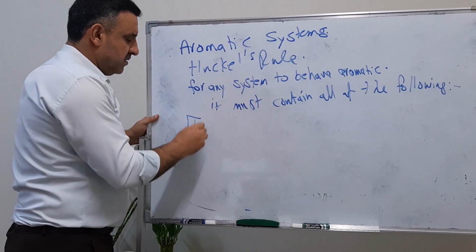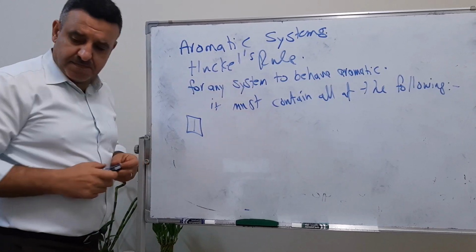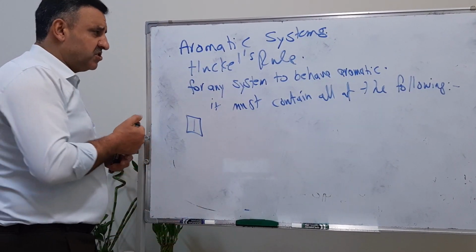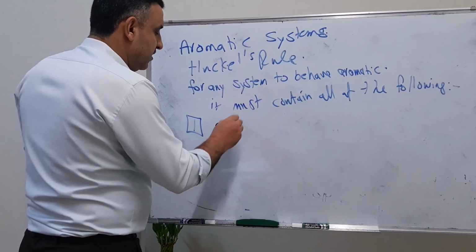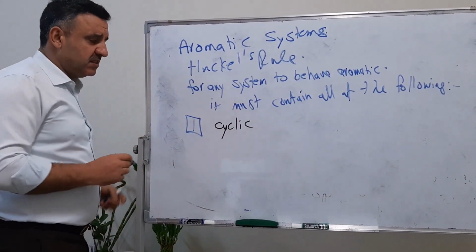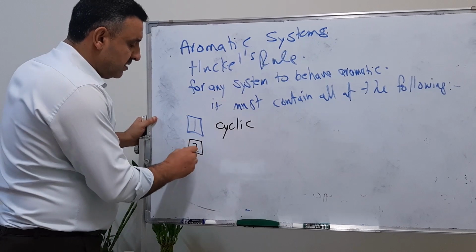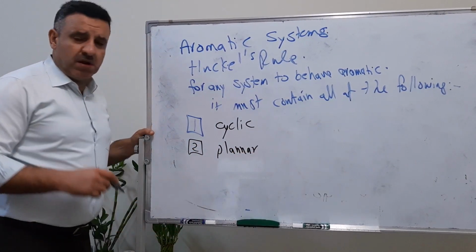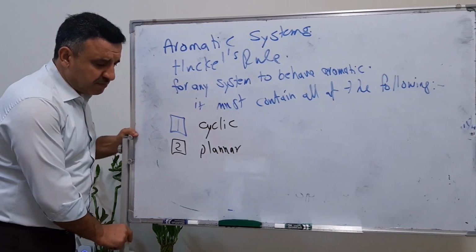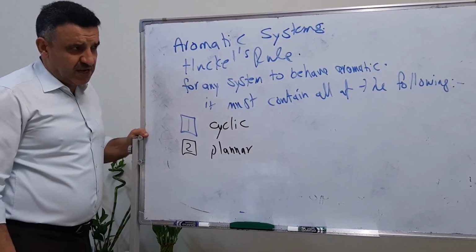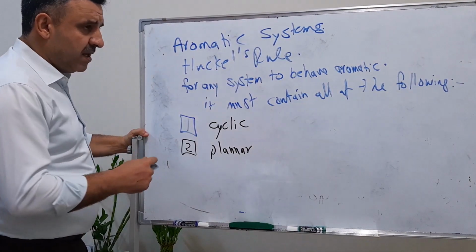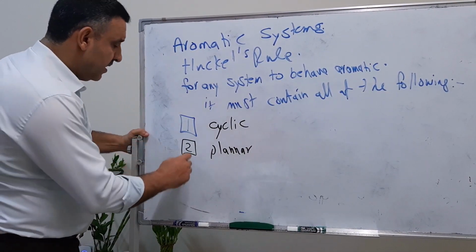First, it must be a cyclic system. The first condition must be cyclic. Second, it must be planar. All carbon atoms, or all atoms involved in the aromaticity or in the circulation of electrons, must be planar on the same system.